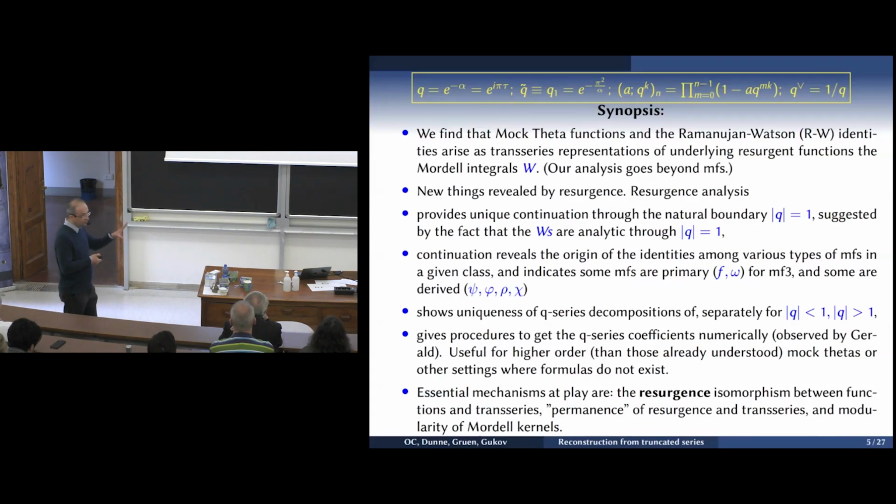If you take the Mordell integral and do a proper trans-series decomposition, you get the Q series and you get the identities, constants, and all. And some new things are revealed by resurgence analysis. Resurgence analysis provides unique continuation through the natural boundary Q equals 1.